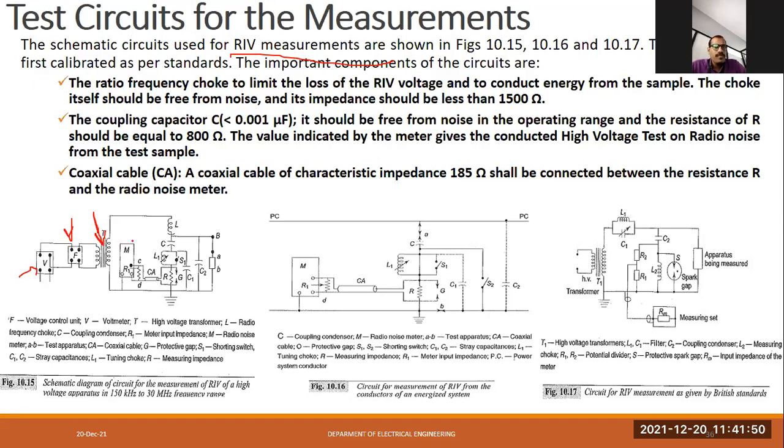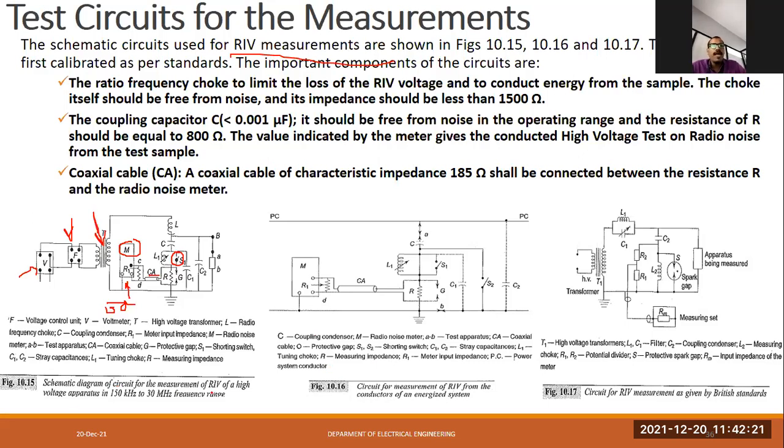And here M stands for the radio noise meter, for the impedance which should be around 50 to 75. The CS stands for the coaxial cable that is conducting here. Then C and L are the capacitance and the inductor. S1 stands for a kind of switch. So this is the one kind of figure.